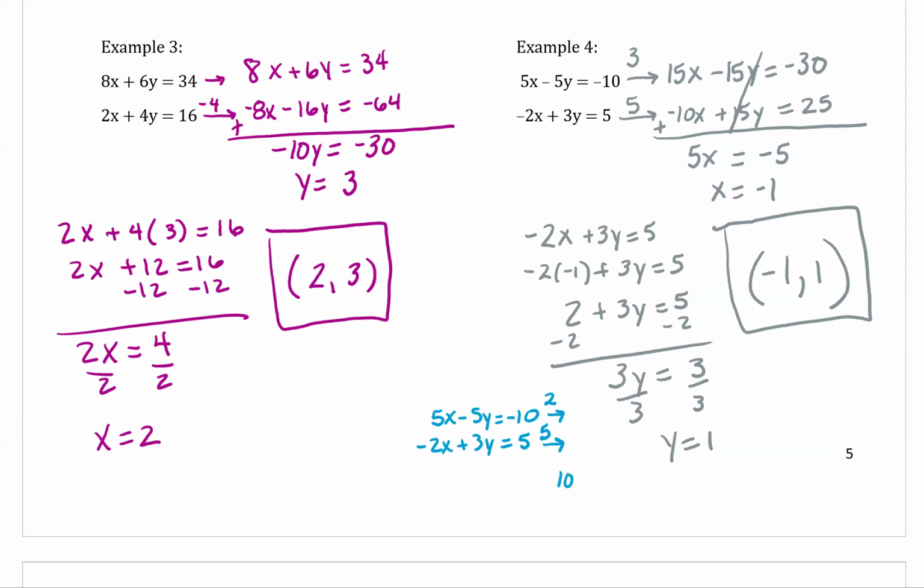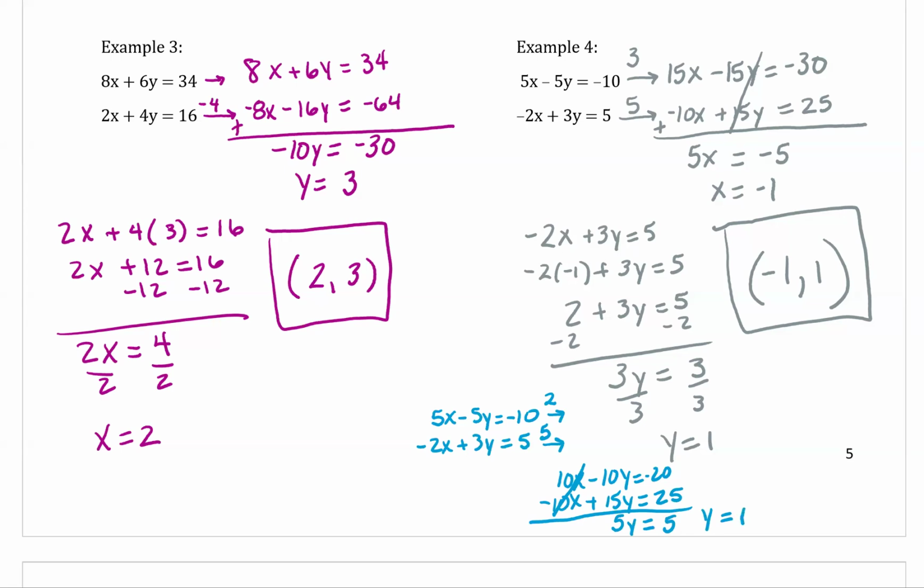And that would give me 10x minus 10y equals -20, and -10x plus 15y equals 25. And that would give me 5y equals 5. Divide both sides by 5, and y is equal to 1.